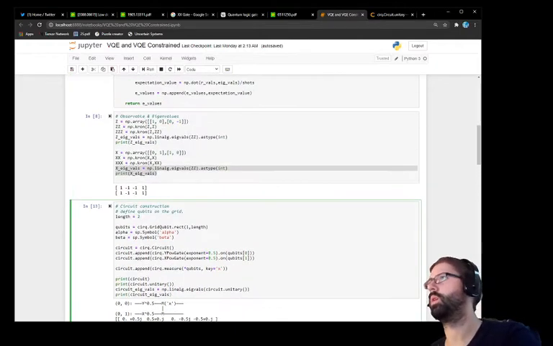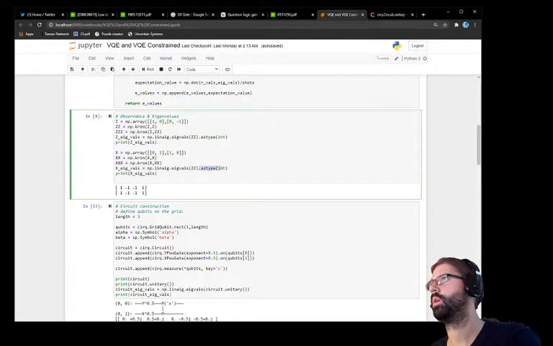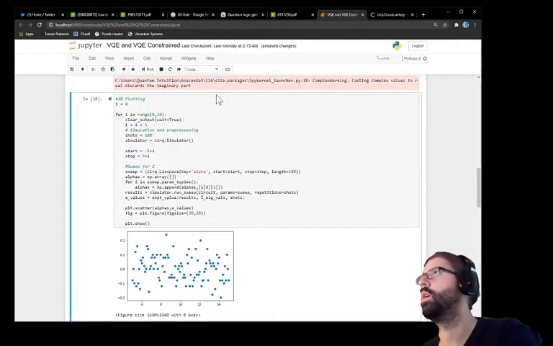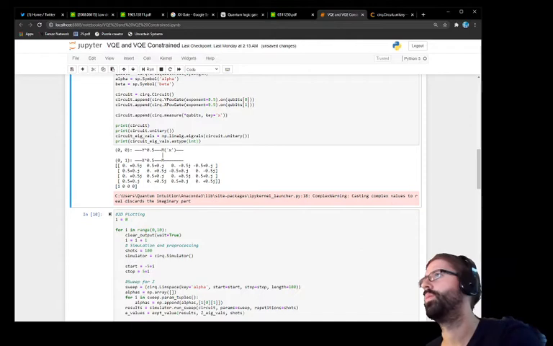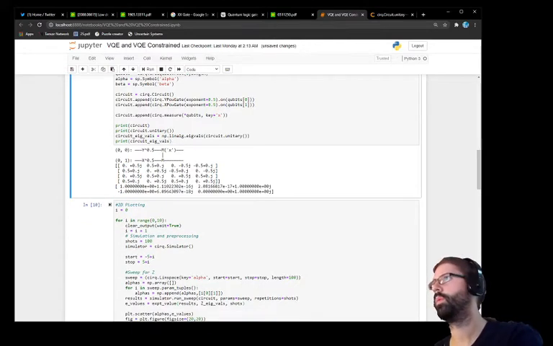So, can I just add this modifier here? Doesn't matter.